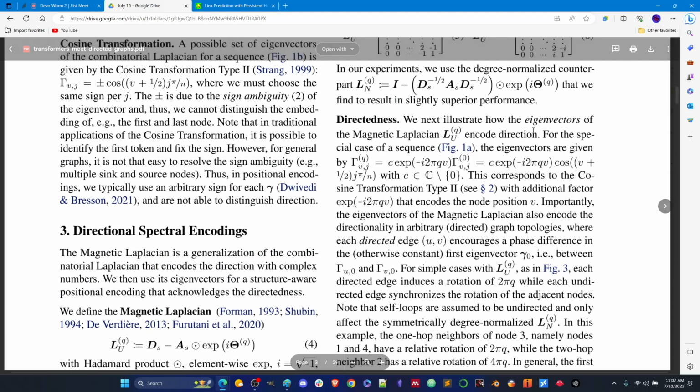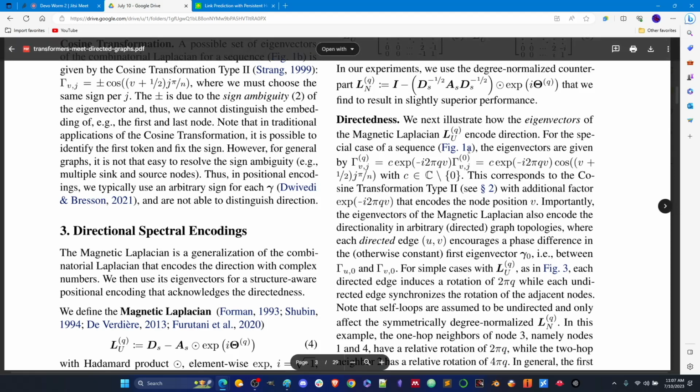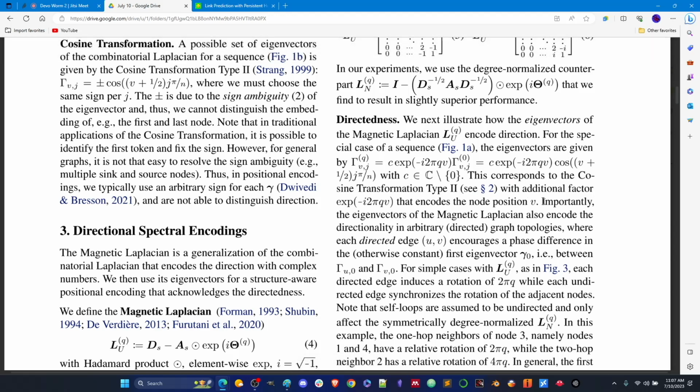So we next illustrate how eigenvectors of the magnetic Laplacian encode direction. For the special case of the sequence, the eigenvectors are given by this function. This corresponds to the cosine transformation type 2 with the additional factor that encodes the node position v.